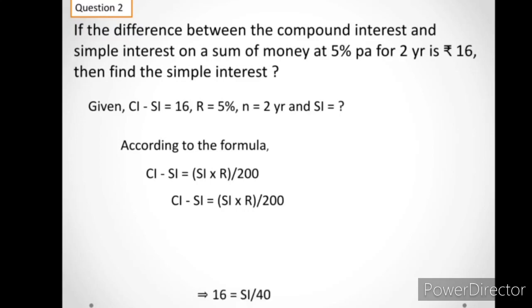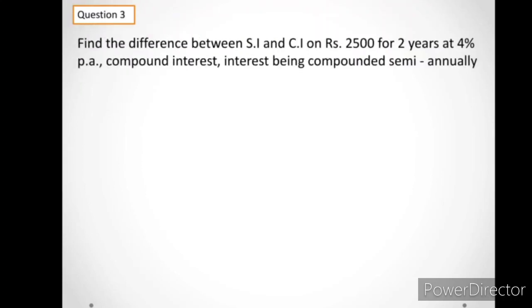So by using this formula we will substitute the values. We will get that 16 equals simple interest by 40. So simple interest equals 16 into 40, that is 640. This is the way.